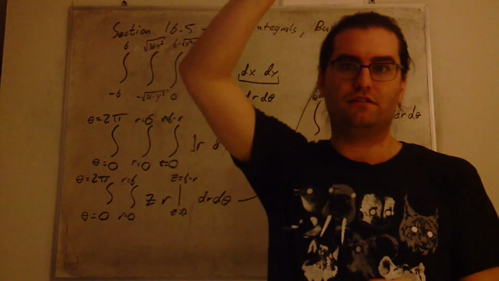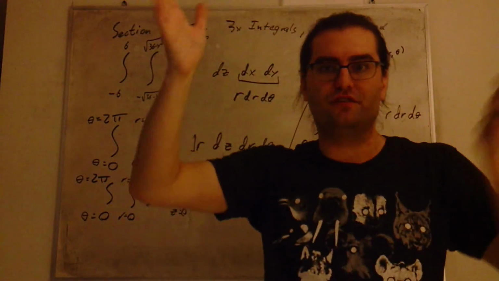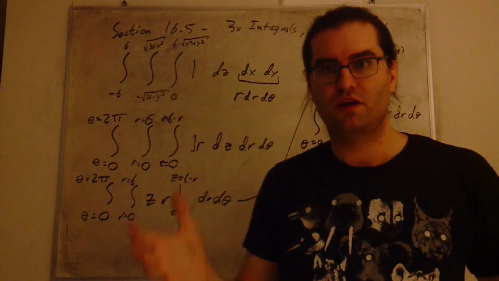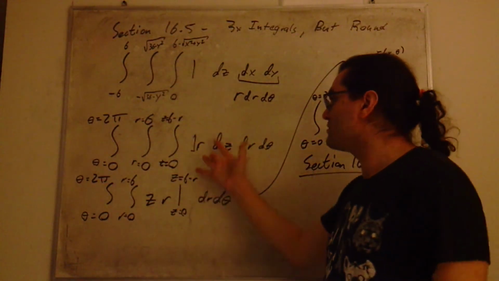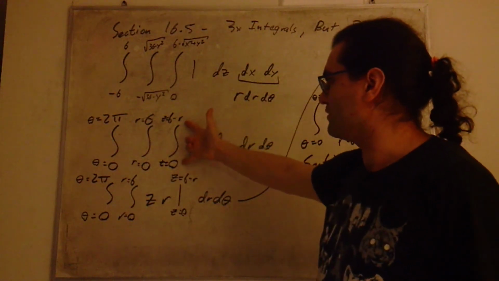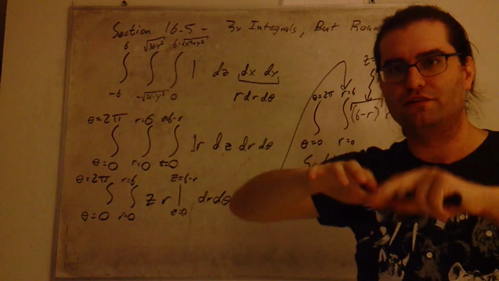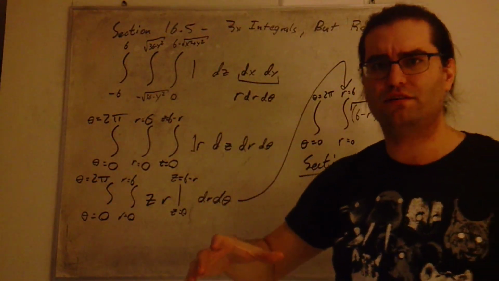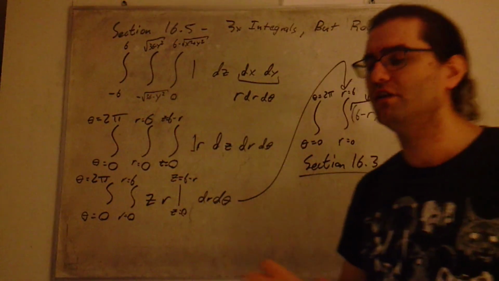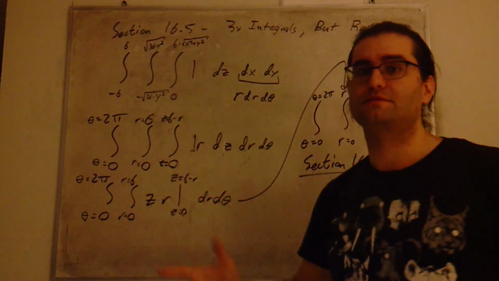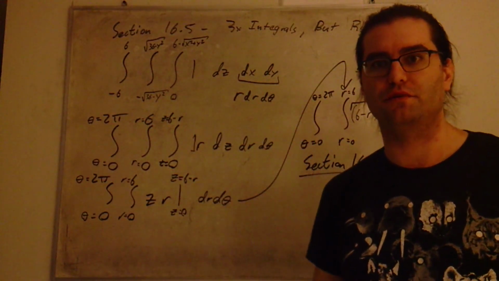You can find the volume between two different z surfaces. So we can mess with the bounds a lot with a triple integral. We have a lot more freedom to play with here. We don't have to contrive weird half-sunken islands to find the volumes of. And we can do densities. Those are the two big advantages we have for triple integrals.